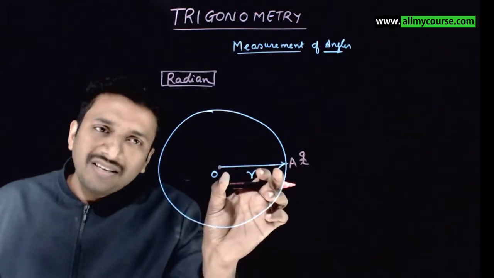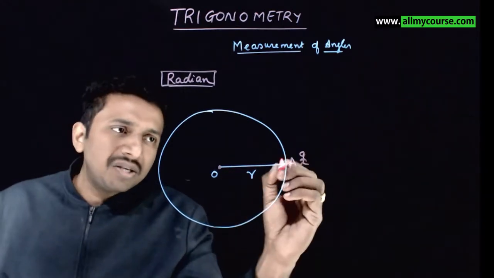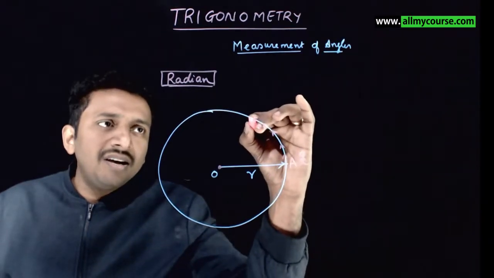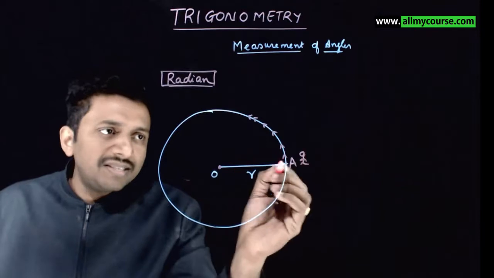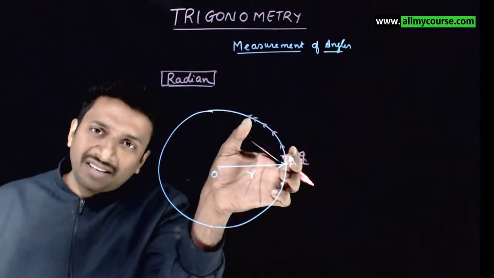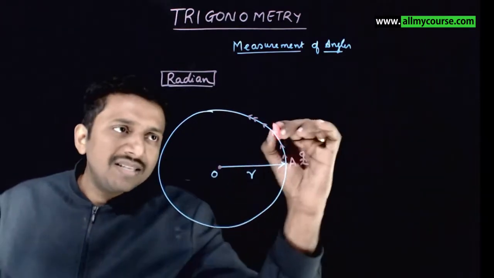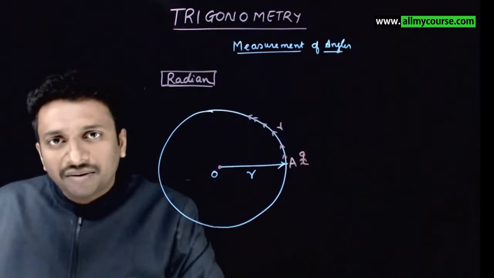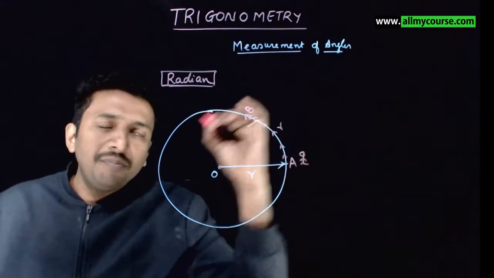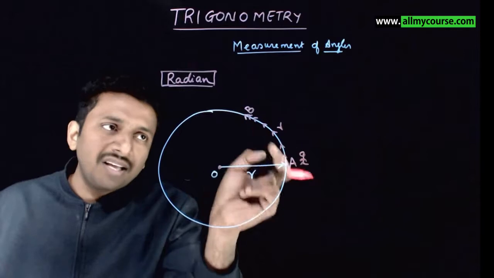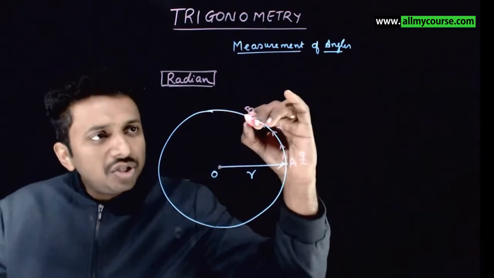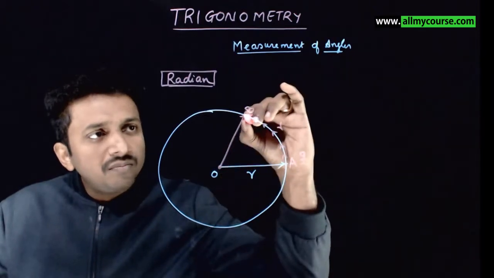Whatever the distance r is, you go through that distance along the curved circle. So let us say the length of the arc is also equal to r. As we move, let us say I have reached the point B. If I move along the circle through a distance of r, I have gone from A to B. Now let us join this B with this O.